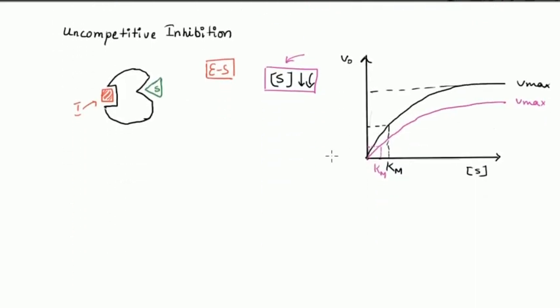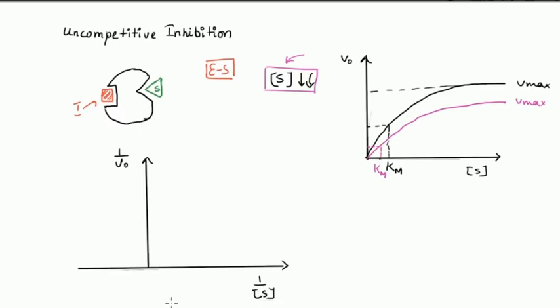So now let's put this into the Lineweaver-Burk plot. We have 1 by V naught over here and 1 by substrate concentration over here, and the normal plot would have 1 by Vmax over here.